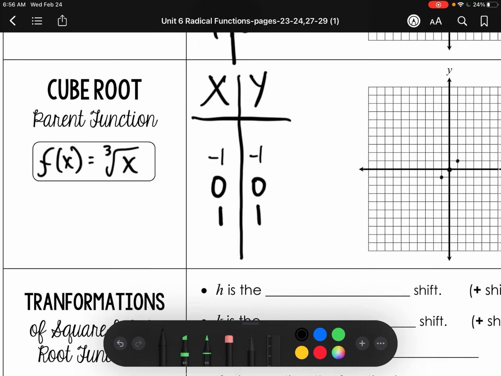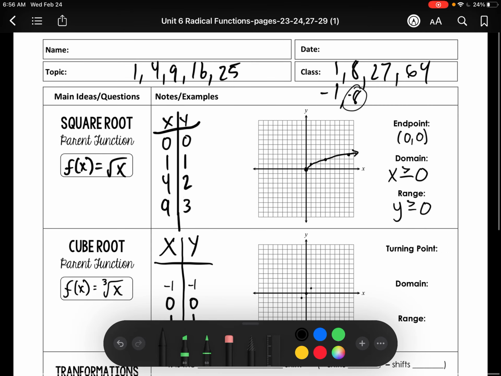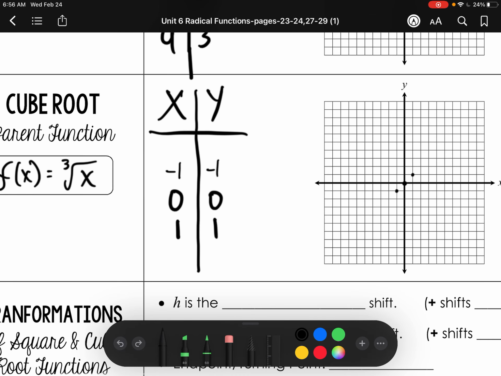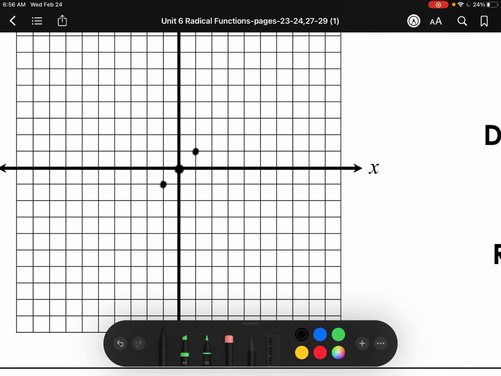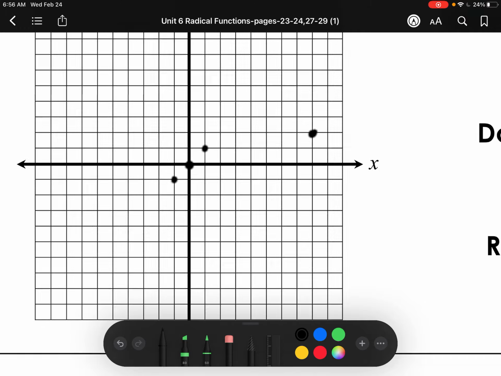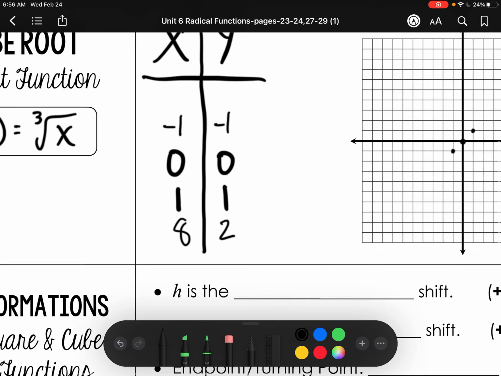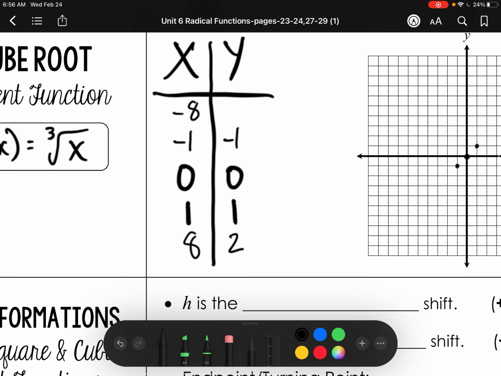Next, the next perfect cube is 8. We know that if we plug positive 8 into this function, we get positive 2 as our output. So when x is 8, y is 2, and that point's going to be over here. Then if we plug -8 into this function, we get an output of -2.